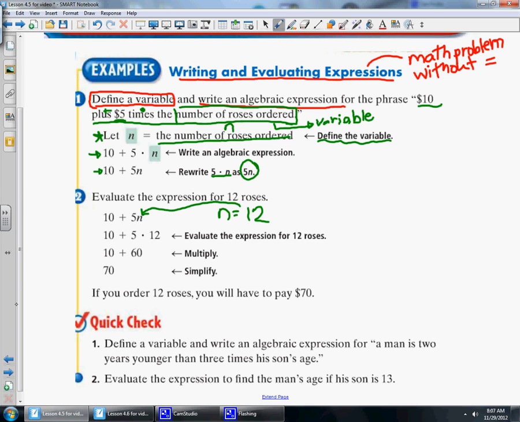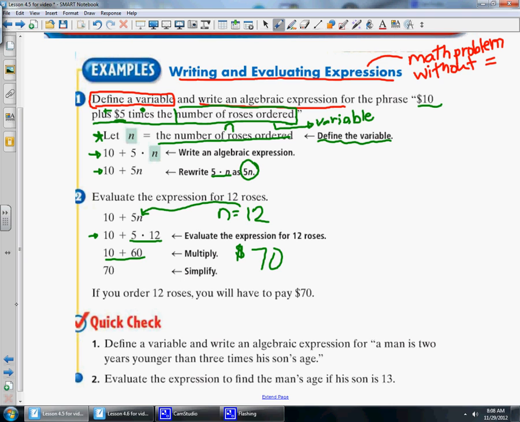So we have 10 plus 5 times 12, and we follow order of operations, or PEMDAS. 5 times 12 is 60, and then 10 plus 60 is 70. So the cost for 12 roses would be $70. It's a lot of money.